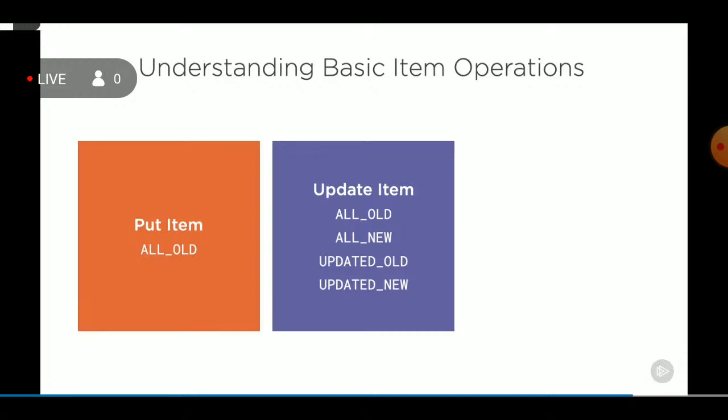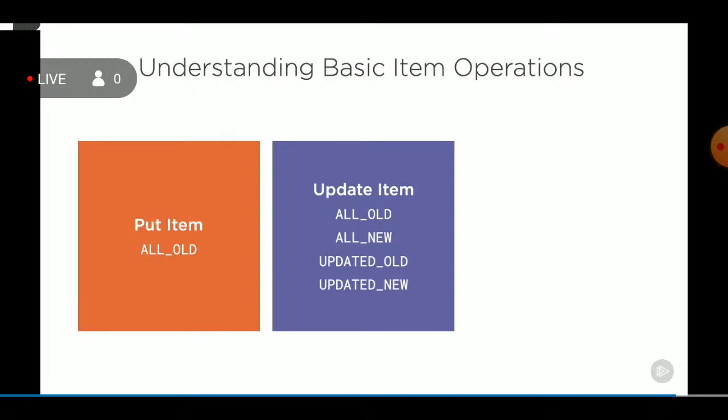Then we have all new option, which returns item as it appears after the modification. If non-existent item is updated, this return value returns entire new item back. Then we have updated old option, which returns only updated attributes as they appeared before the modification. If the item is non-existent, the option does not return anything.